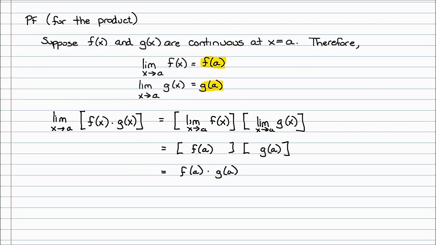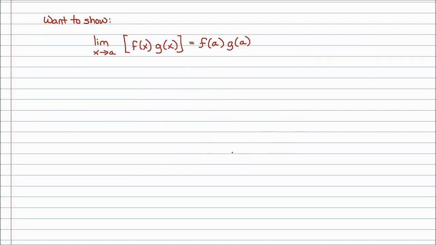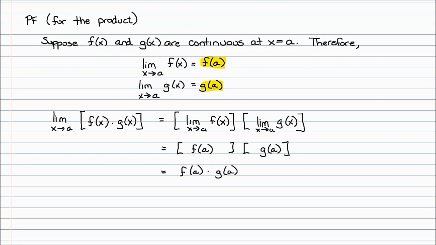Just to verify, this is exactly where we wanted to go, because we wanted to show that the limit as x approaches a of the product is equal to the function values evaluated at a. That's the definition of continuity right there. And we have just shown through a chain of equalities that this is absolutely true. So this chain of equalities tells us that the limit of the product is equal to the product of the functions evaluated at a. Therefore, this has been proven. QED.